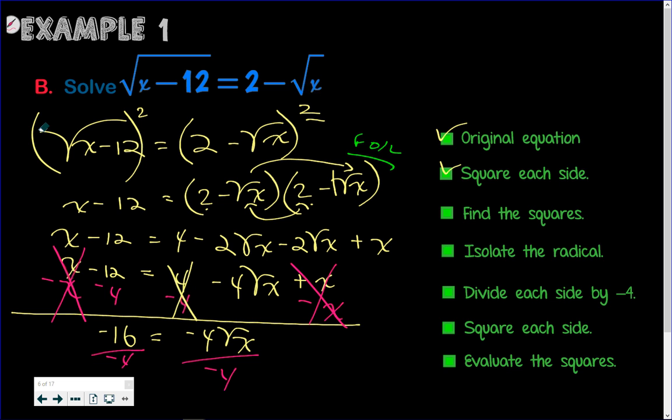These two cancel out. Negative 16 divided by negative 4 is positive 4. Very good. Square both sides. 16 equals x.